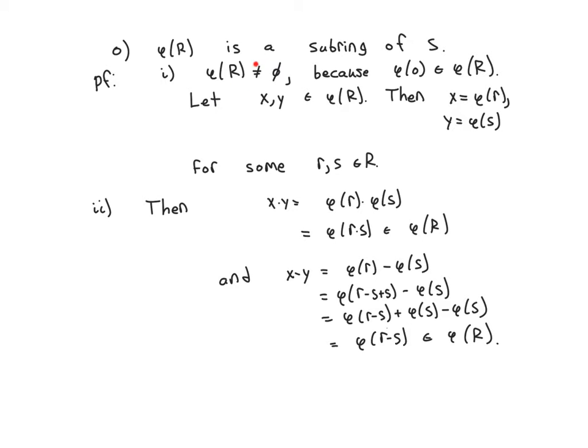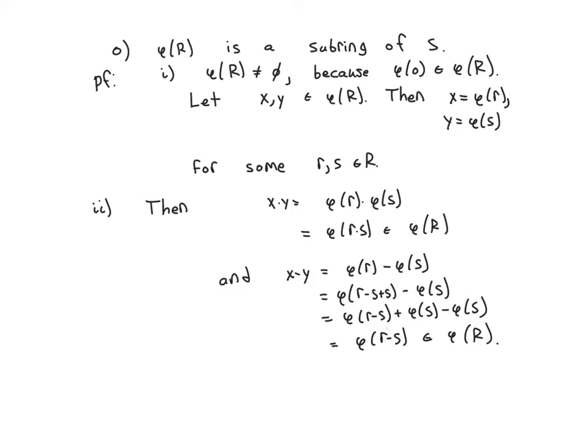Well, we need it to be non-empty. We need closure under products. We need closure under differences. So let's look at product. x times y is equal to phi of r times phi of s. Phi is a ring homomorphism, so that's just equal to phi of r times s, which is in phi of R. So we're closed under multiplication.